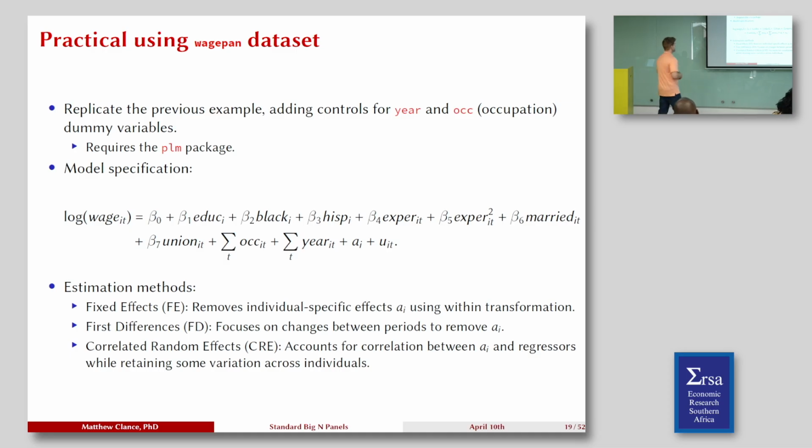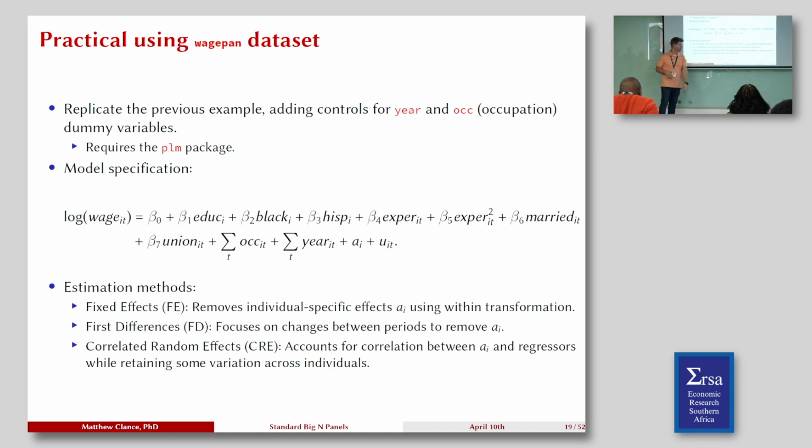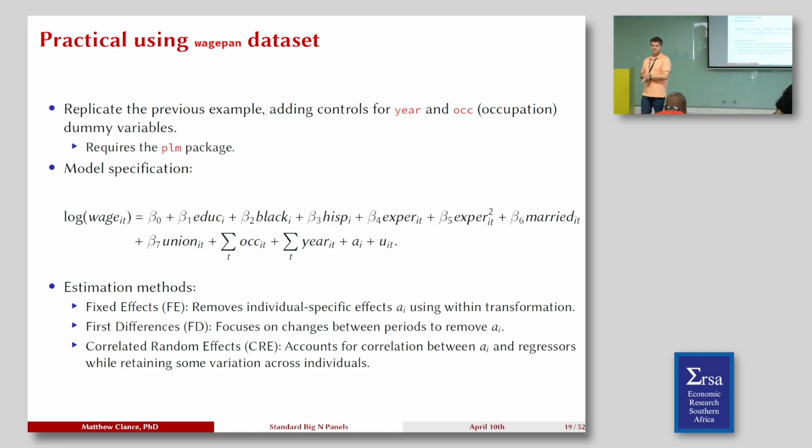So I want you to run this for fixed effects, first differencing, and the correlated random effects model. I think 20 minutes should be fine. Let's do 20, just so we can finish, and then I can go over it with you as well.